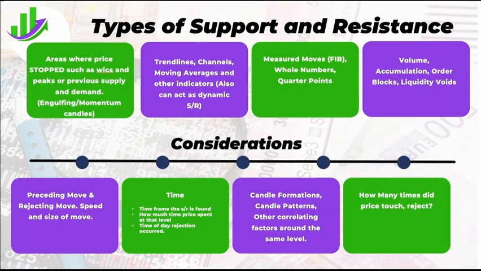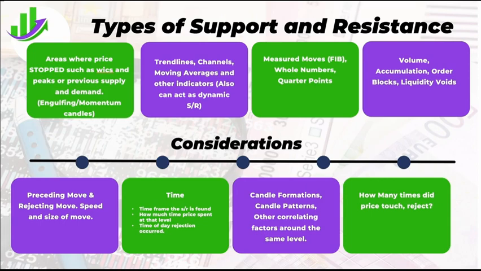Some different types of support and resistance are areas where price stopped, such as wicks, peaks, previous supply and demand essentially, like we just went over, engulfing momentum candles, any of those things. Even trend lines, channels, moving averages, and some other indicators can also act as a form of dynamic support and resistance that moves and doesn't stay stagnant. Measured moves like Fibonacci, whole numbers, quarter points.